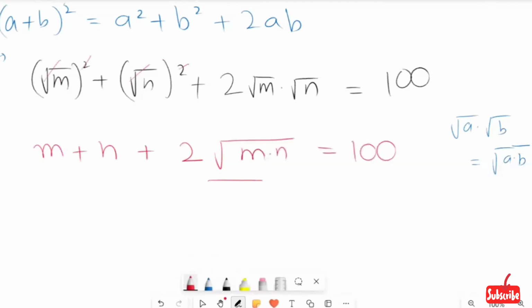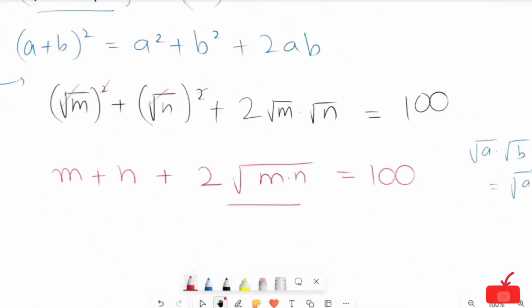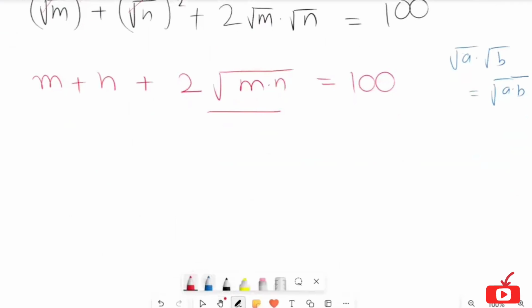Now I am going to plug in the value of root mn that is given in equation 2, that is 10. So this will turn to m plus n plus 2 times 10, which is 20, is equal to 100.